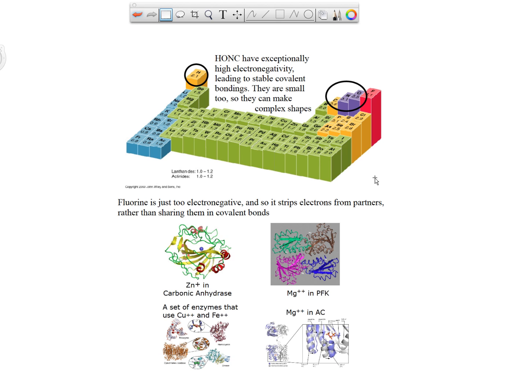What are the other elements that we find in an organism, or specifically in a plant? I've shown you several metal ions over the course of the term: magnesium in PFK, manganese in adenylate cyclase, zinc in carbonic anhydrase. Although I didn't show you it, cytochrome C oxidase has copper and iron. You know that hemoglobin has iron.